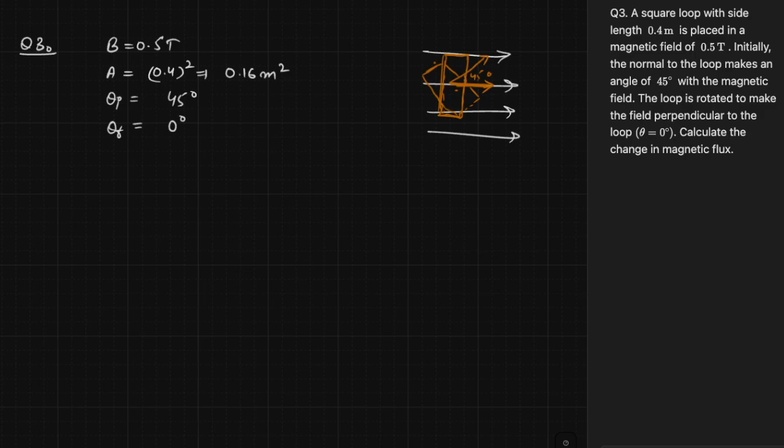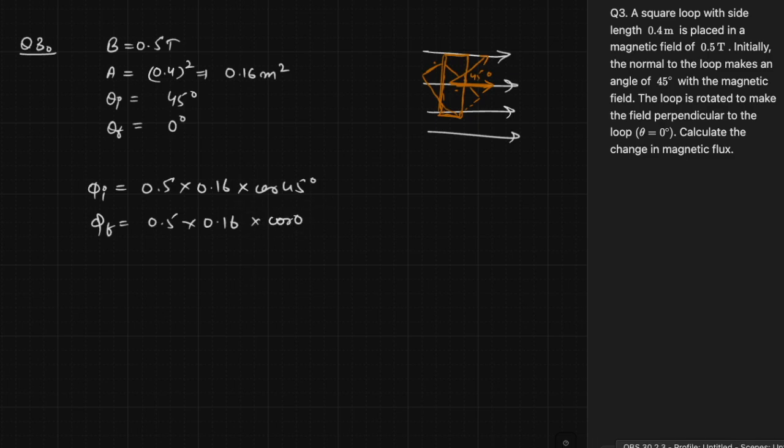Now let's solve it. So what will be the initial flux? That will be 0.5 magnetic field multiplied by 0.16 multiplied by cos 45, and the final will be 0.5 into 0.16 multiplied by cos 0.